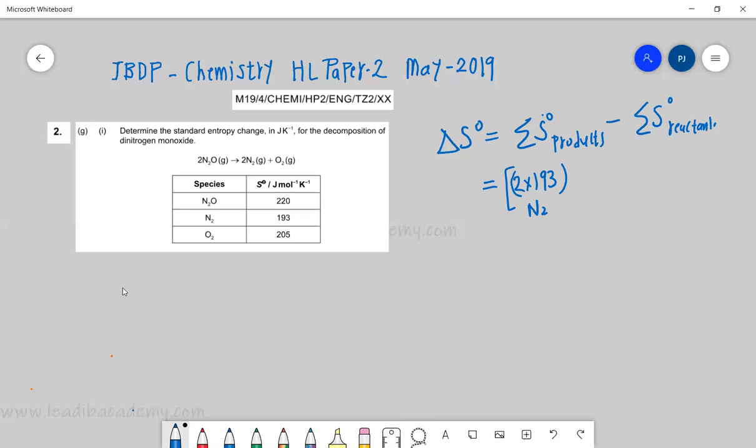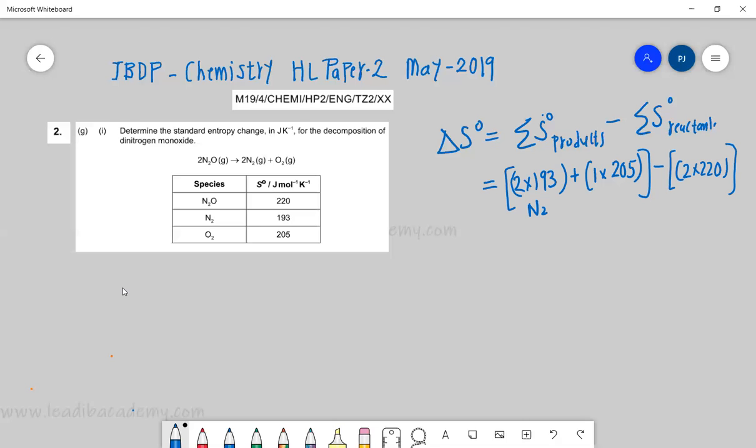Plus oxygen, which is only 1, so that is 205. Then we subtract for N2O, that is 2 into 220.